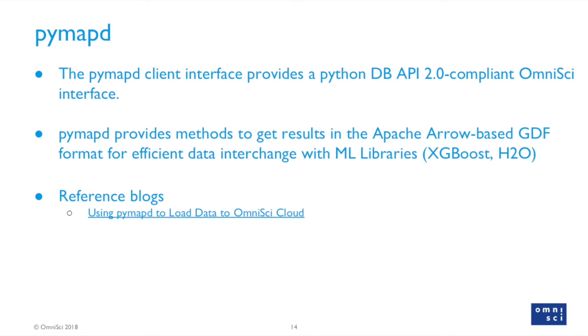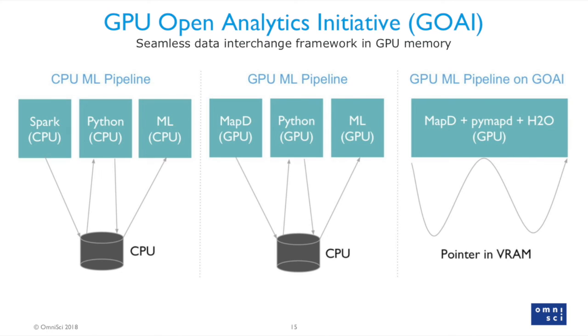It's called Using PyMapD to Load Data to OmniSci Cloud. So since most of you are Python practitioners, you should find this super, super helpful. I wanted to actually quickly walk through it, but I think running out of time, just a couple of minutes left.